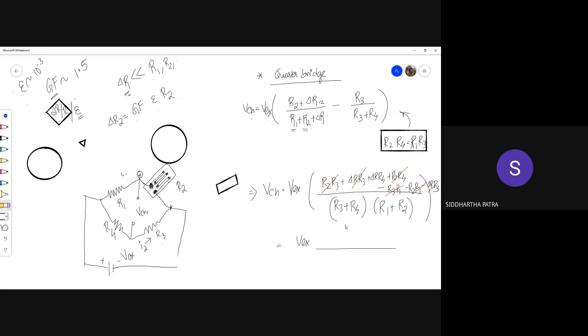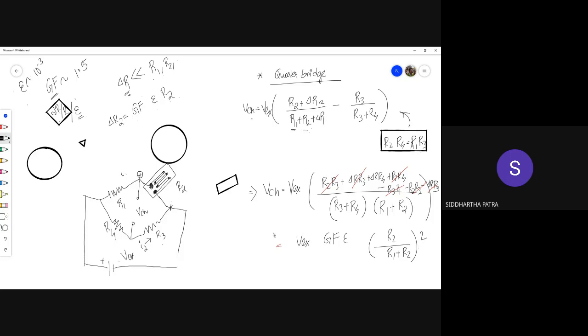If I substitute for delta R with this expression, I have the gauge factor times epsilon times this quantity, whole squared.